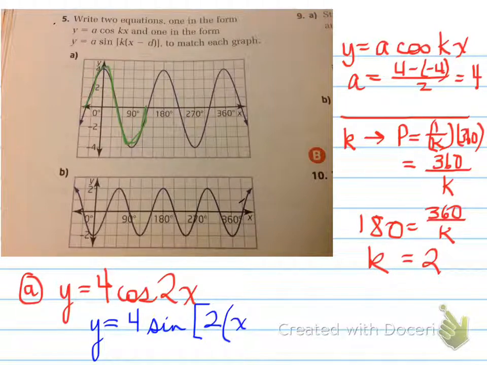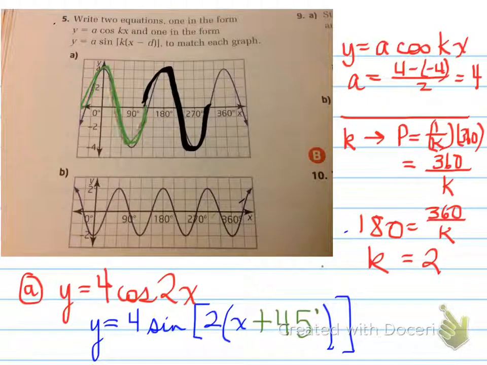You'll see that it begins to the left of the original cosine that we had. What is the value that it starts at? It shifted to the left 45 degrees. And there's another one, you could have used that value to find the black one. That one shifted to the right. How much?